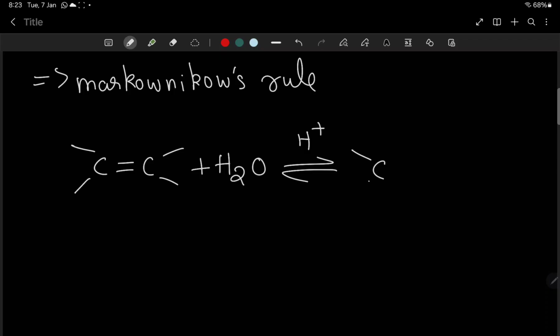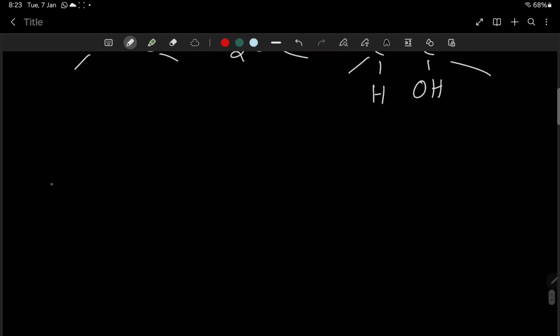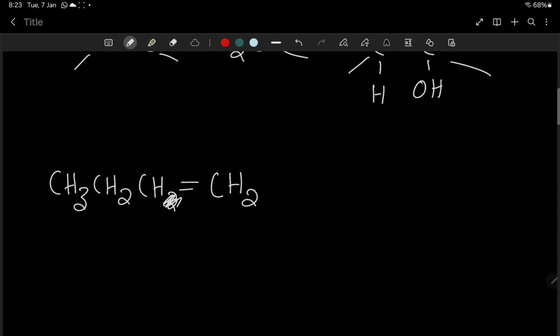We get alcohol as the product. Here Markovnikov rule is preferred. Look, what is Markovnikov rule? CH3, CH2, CH2, double bond, not CH2, CH double bond, CH2. This is a compound, you think.